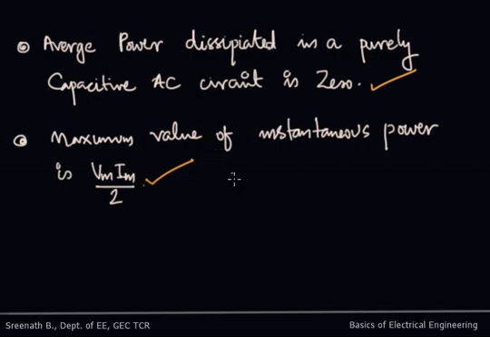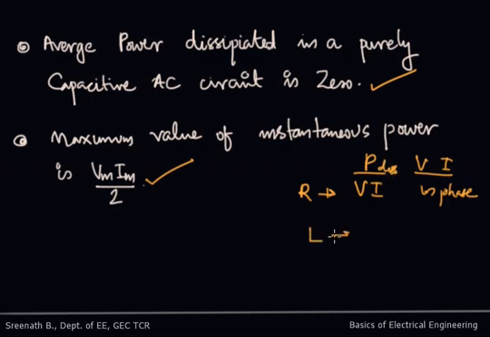Okay, so for a resistive circuit, you will have power dissipated, which is equal to V into I, and voltage and current are in phase. Power is dissipated.